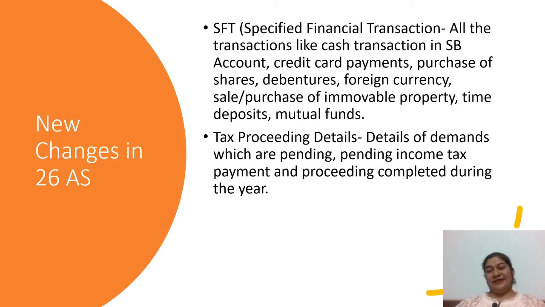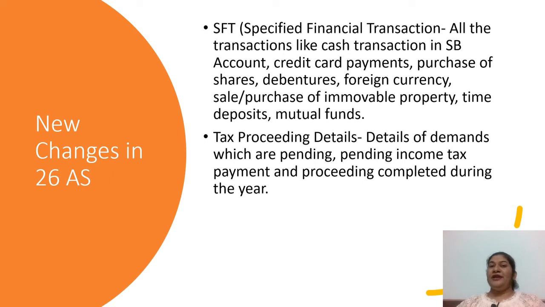Tax proceeding details. Earlier in 26 AS you could get the information about your tax deductions and your tax refunds. Now additionally there will be details of demands which are pending. If the assessment is done by the income tax department and they found that you have not paid the correct income tax or you have paid a short income tax, they will be raising demands.